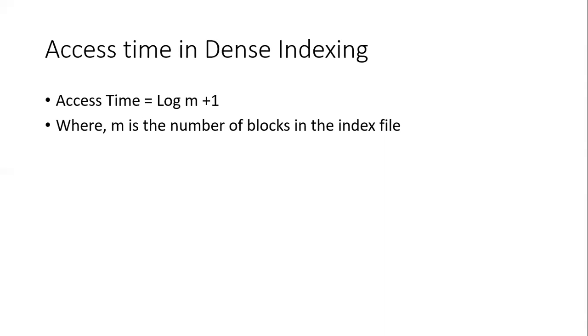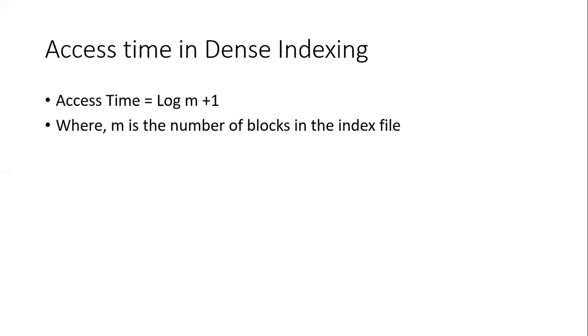If our index file has m blocks, then we need about log m, log to the base 2 of m, accesses in the worst case to reach the entry in the index file. Why? Because the index file will always be in sorted order, so we perform about log m accesses in the worst case using the binary search algorithm.